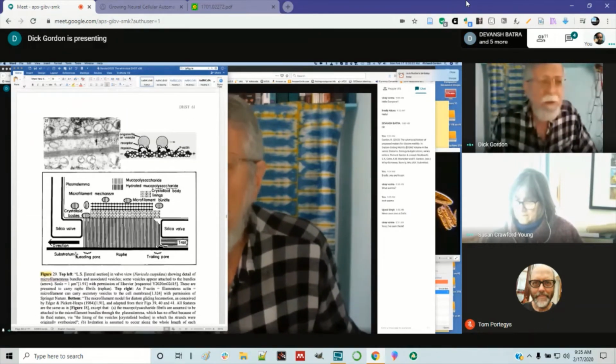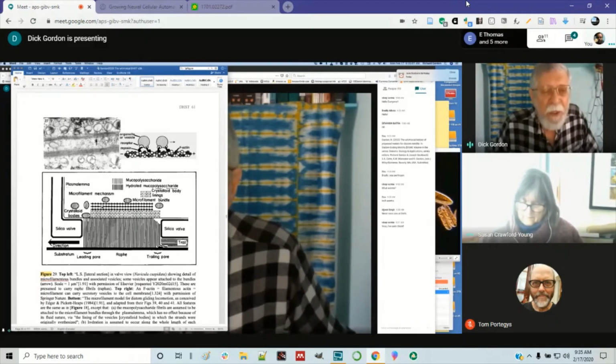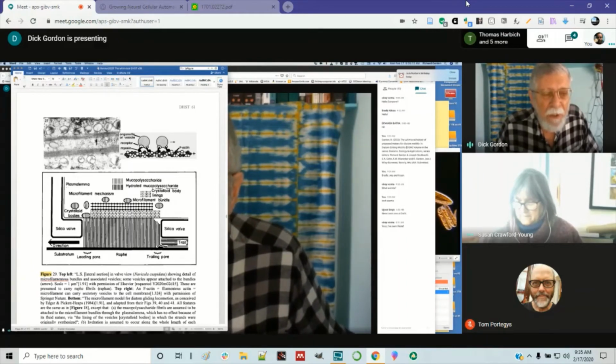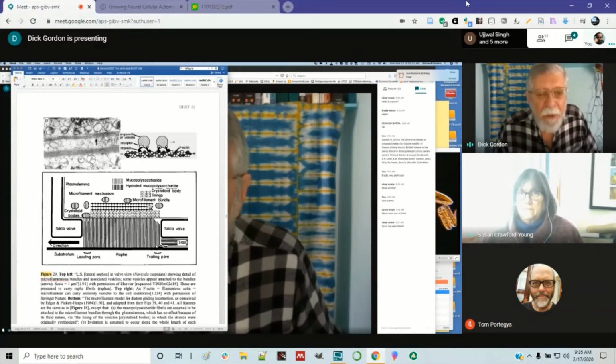Now, the most popular model for how diatoms move, here's that model. This is the general model. You've got your microfilament bundle here, and it's attached directly to the raphe fibrils, which I'm calling raphan now, and those are then carried along the microfilament like a clothesline.